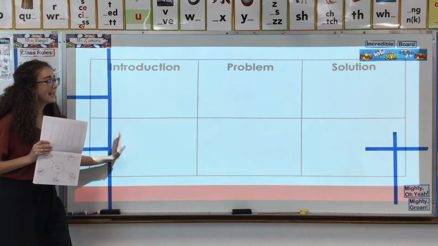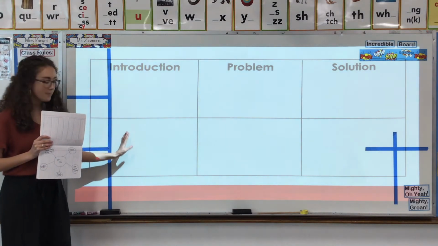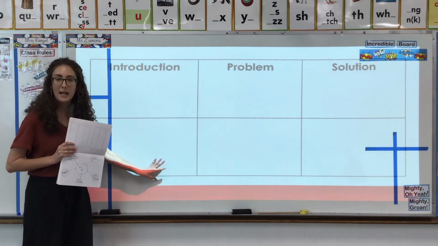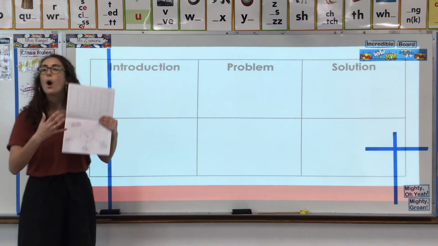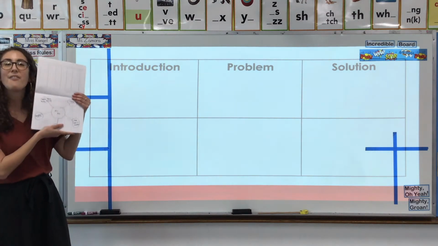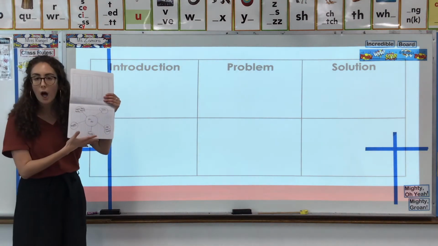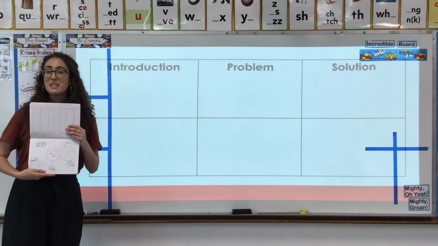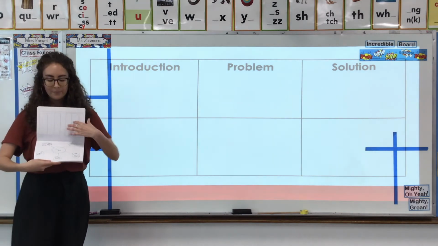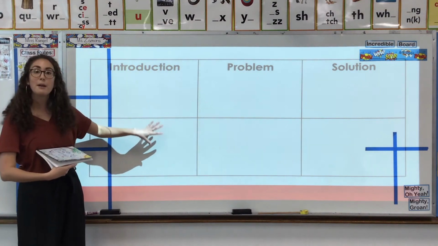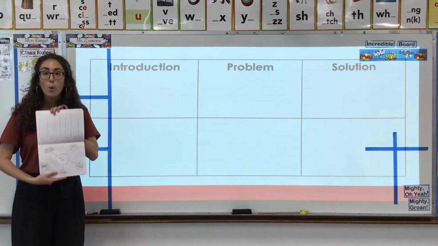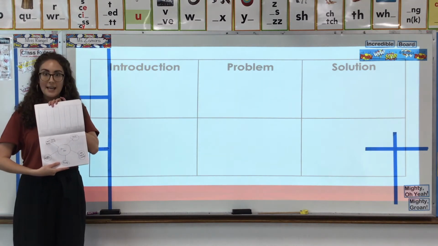So, in the introduction of my story is where I'm going to brainstorm and write down all the character traits that I want to emphasize in my story. You have a lot on your map, but you don't need to include them all in your story. You're just going to write down and pick the most important ones that you want to highlight.